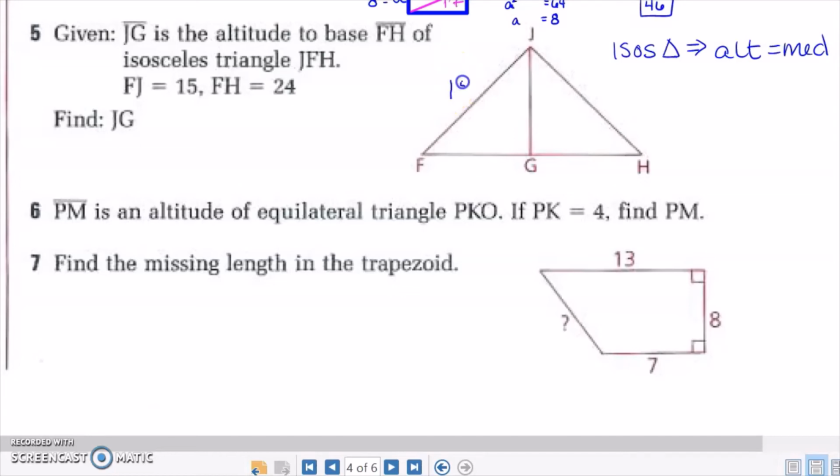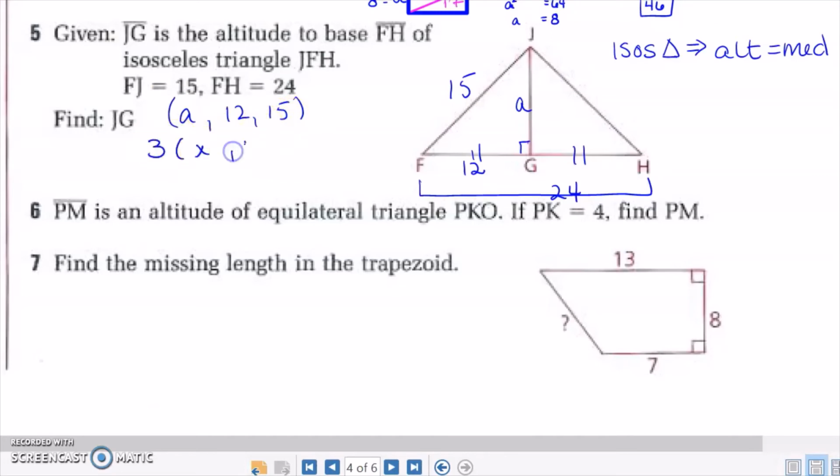So if FJ is 15 and FH is 24, if the altitude is also the median, then it's going to split that 24 in half, so this is 12. And we need to find the altitude. So we have a, 12, 15. I can factor a 3 out of that. And then I can see here that that would be 3 times 3, or 9.